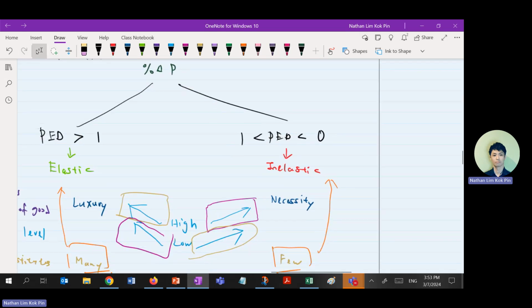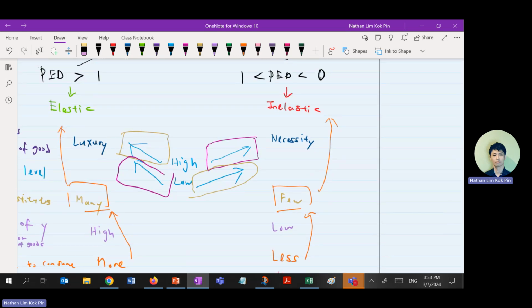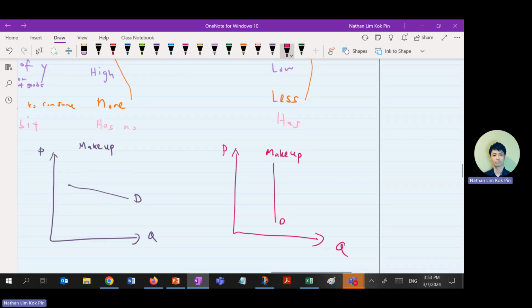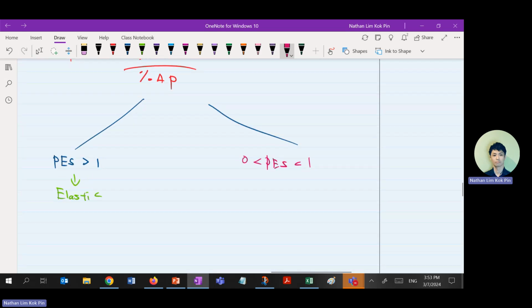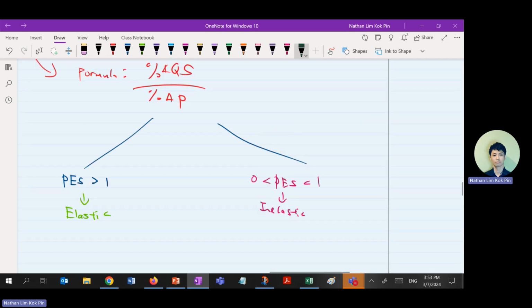Correct, between 0 and 1. If PES is between 0 and 1, it shows inelastic. Right?